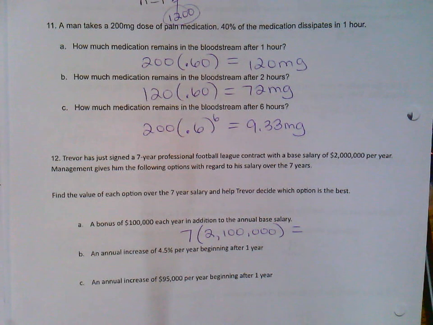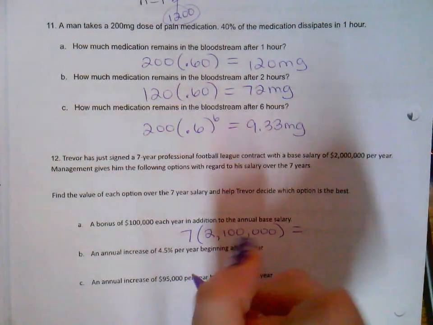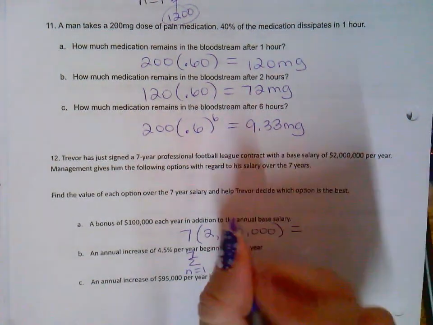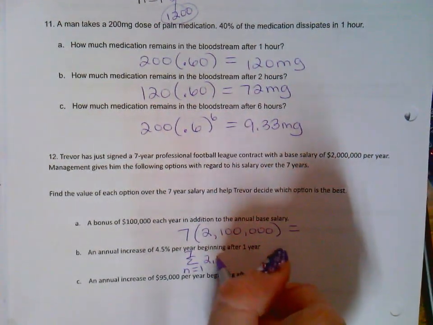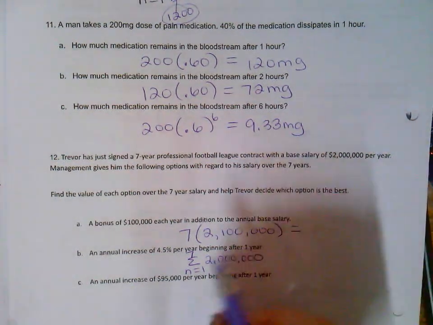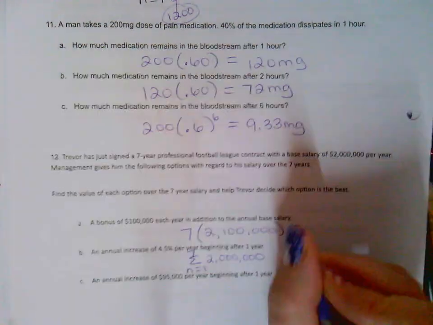Or does he want an annual increase of 4.5% beginning after year 1? So we want to add up all 7 of his salaries from year 1 to year 7. He's starting with his base salary of $2 million. And how do I show that it's going up by 4.5%?